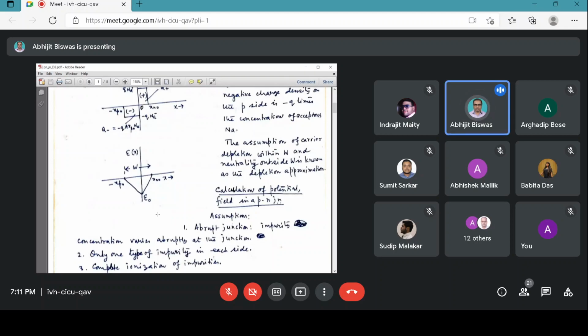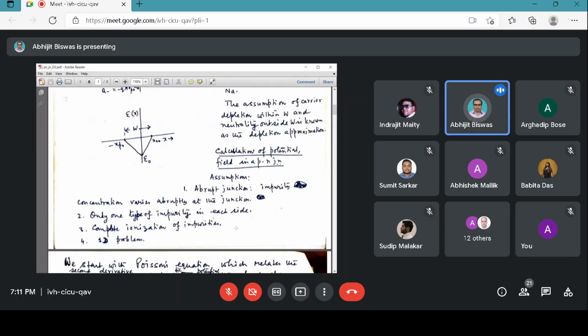It is clear in the figure presented at the bottom. So E0 is the maximum value, and the electric field equals 0 at x equal to xn0 and x equal to minus xp0 on the p side.